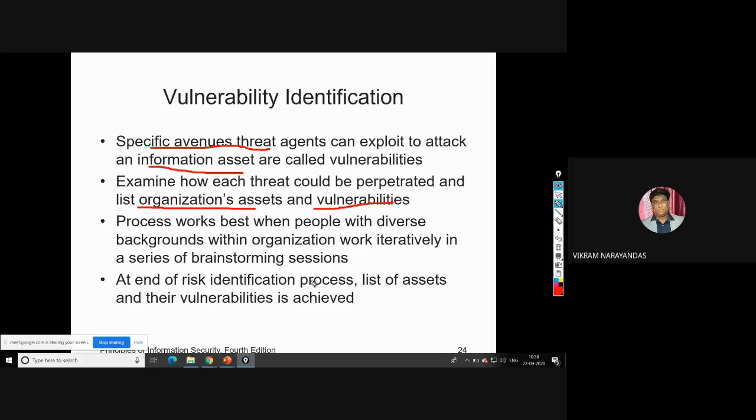This process works best when people have diverse backgrounds within the organization. Good background work. You can keep some brainstorming sessions on how to control your threats here. Awareness programs for organization people.